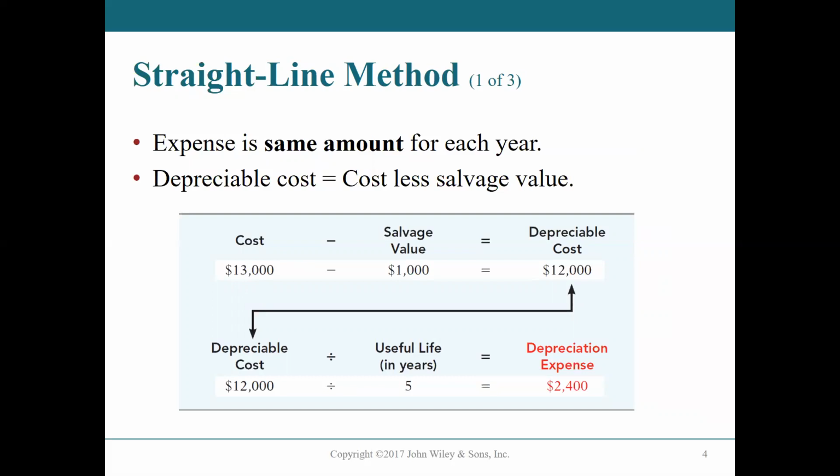Then for straight line, we just take the depreciable cost and divide it by the useful life, and that gives us an amount. If we use the useful life in years, that gives us the depreciation expense to take per year. Every once in a while, you'll see a business that does depreciation expense monthly. All they would do then is, instead of dividing by 5 years, divide by 60 months, and it would come out with the monthly amount.